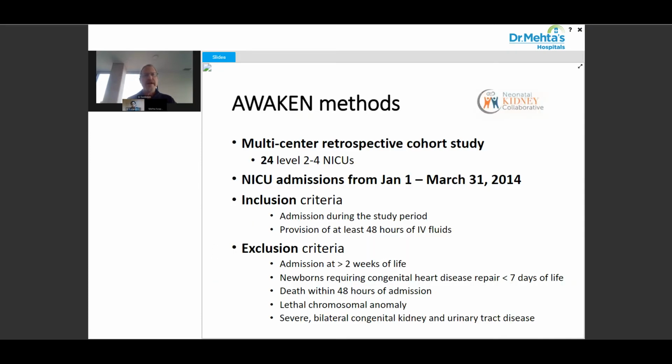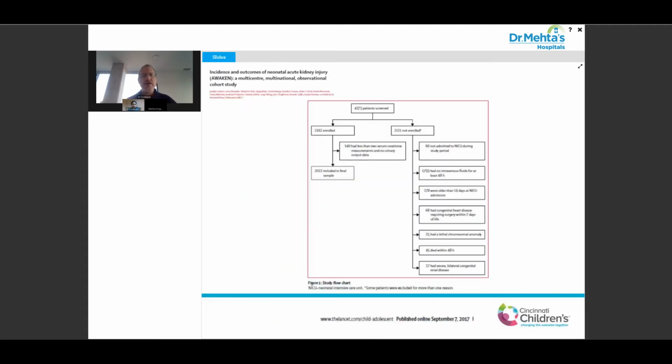24 level 2 to 4 NICUs, 3-month period of time, inclusion criteria, they had to have received at least 48 hours of IV fluids, and they had to be under 2 weeks of life. And they did not look at infants undergoing cardiopulmonary bypass, and you see the other exclusion criteria there. And so in AWAKEN, they had 4,200 or so patients that were screened, and about half of them were enrolled.